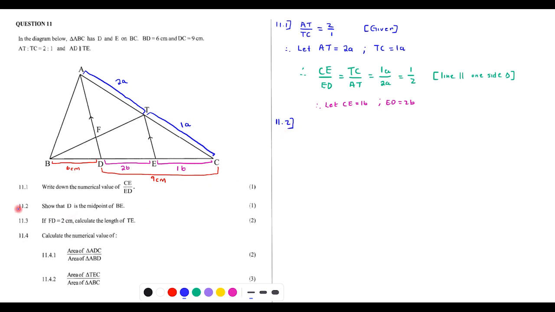11.2, they say now show that D is the midpoint of BE. Now if D is a midpoint of BE, we want to show that BD needs to be equal to DE.